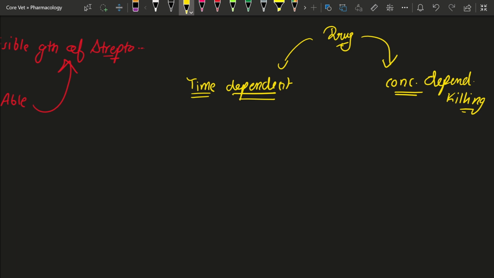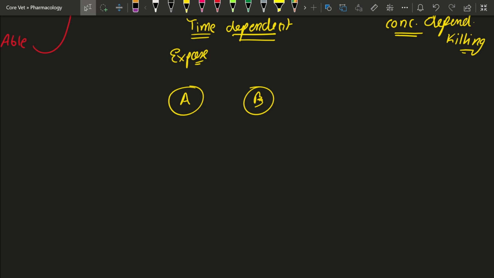Time dependent killing means, say there are two types of bacteria, bacteria A and bacteria B. Say we use a beta-lactam as the antibiotic, because beta-lactams show time dependent killing.